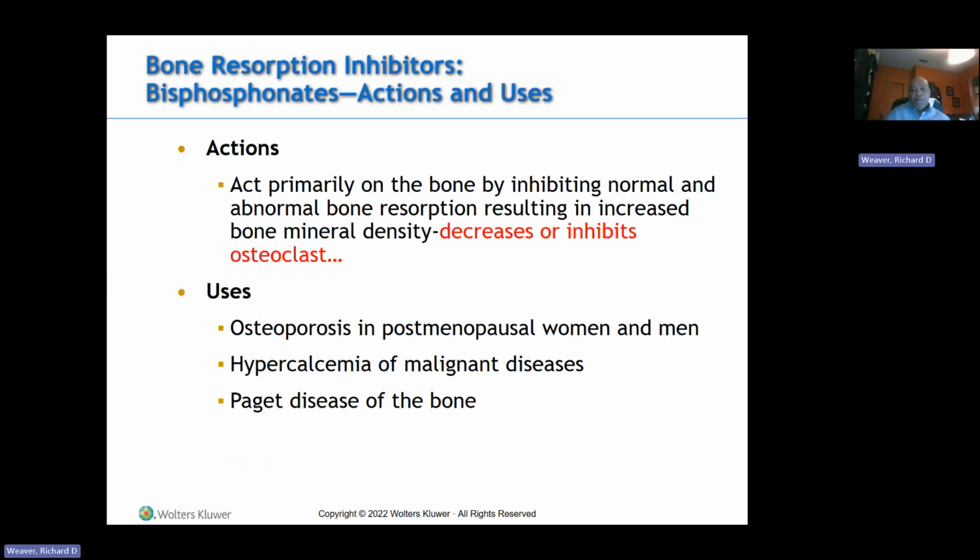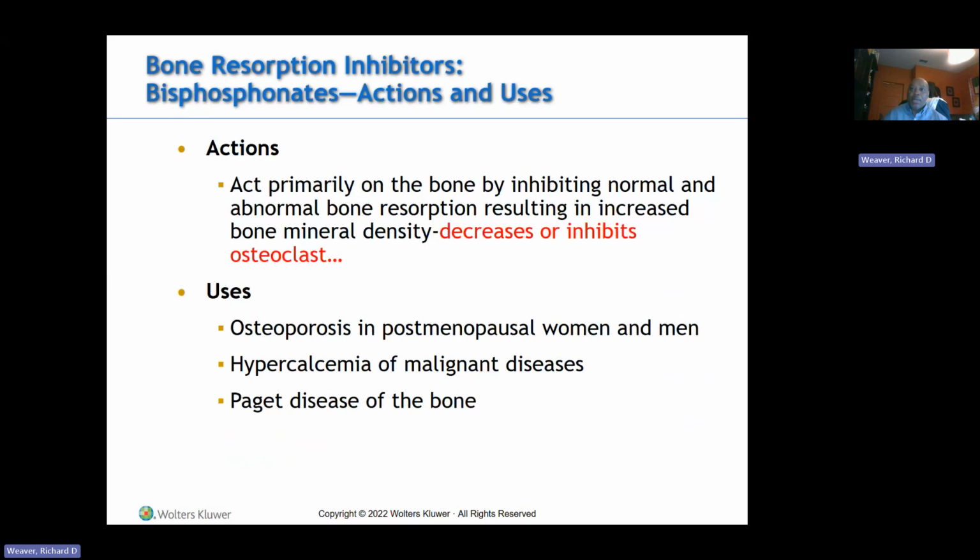Now, bone resorption is the process where specialized cells called osteoclasts break down the bone tissue, and this is what is happening in osteoporosis. There's more osteoclast activity than there is osteoblast activity.